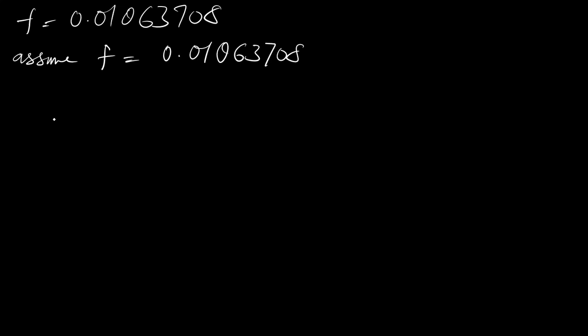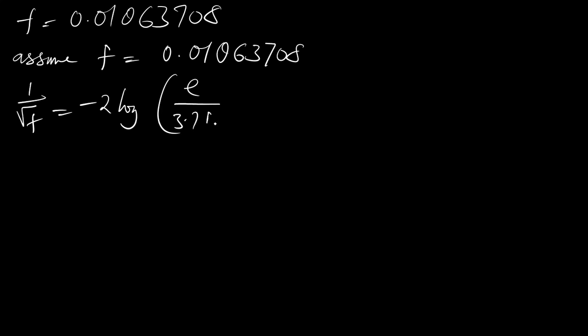Now we're going to input it into the right hand side of the modified Colebrook-White equation. So 1 all over the square root of f is equal to minus 2 log of e divided by 3.7 d plus 2.825 divided by Reynolds number divided by the square root of f, to base 10.